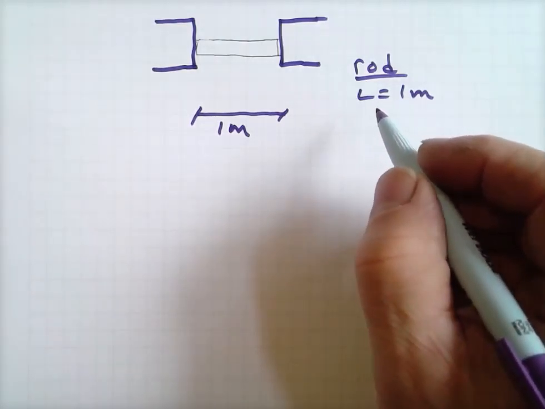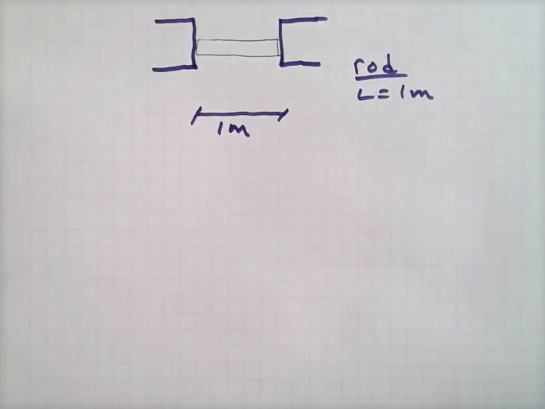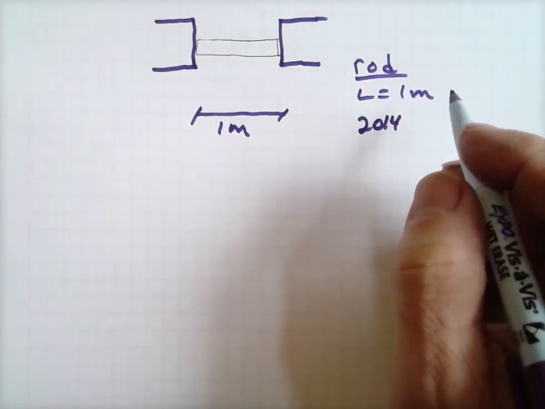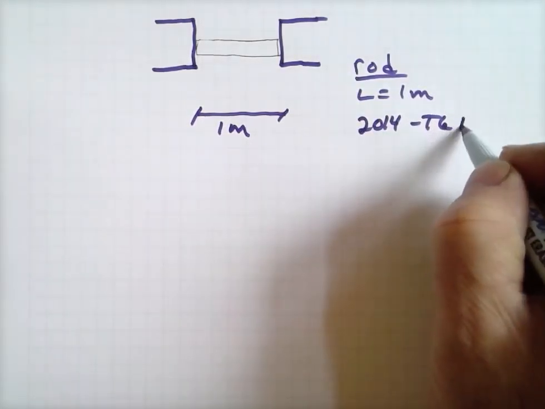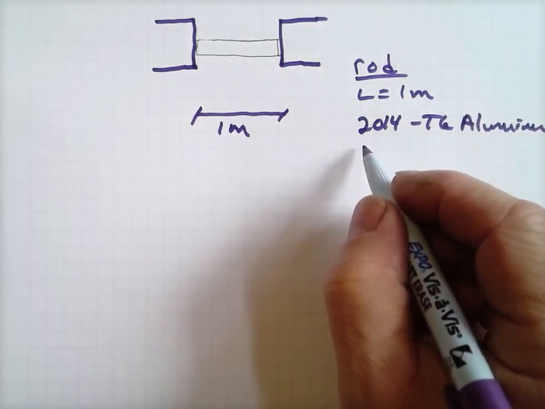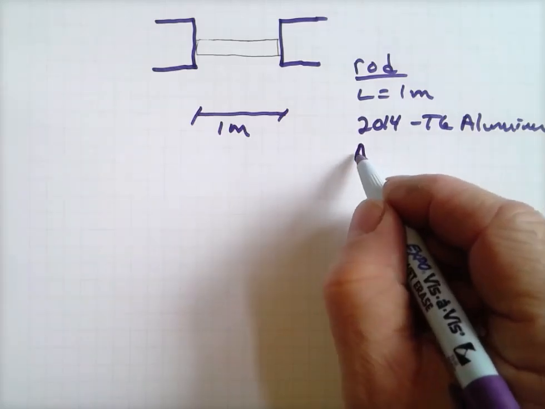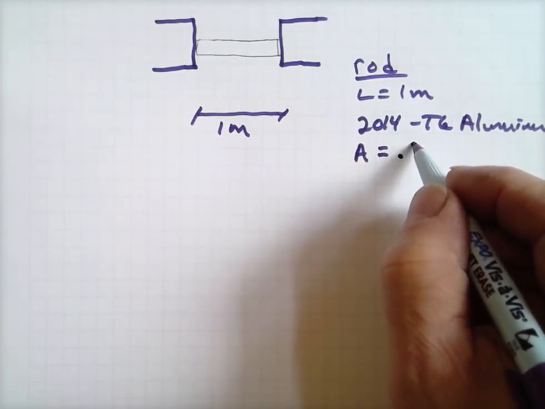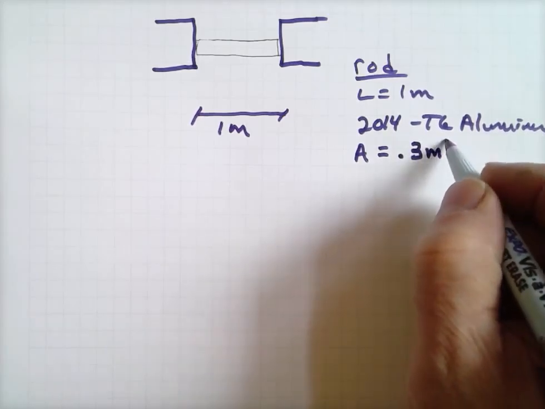It's made out of, what should we make it out of? 2014 T6 aluminum. It's got a cross-sectional area of 0.3 meters squared.